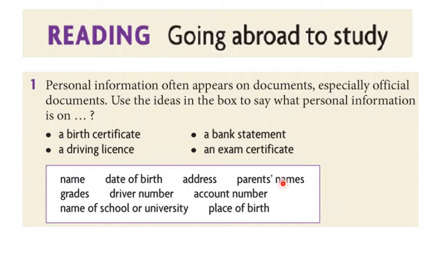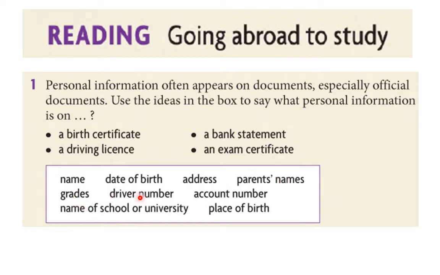Parents' names, in our culture, we use parents' names as supplementary information for the ID, for the personal information. So in our country, the driver license contains parents' name. In other countries, it may not contain parents' names.